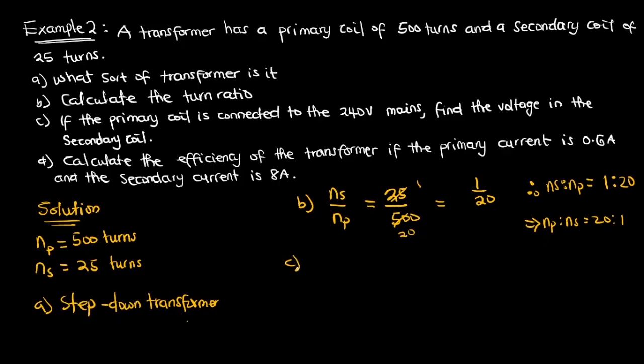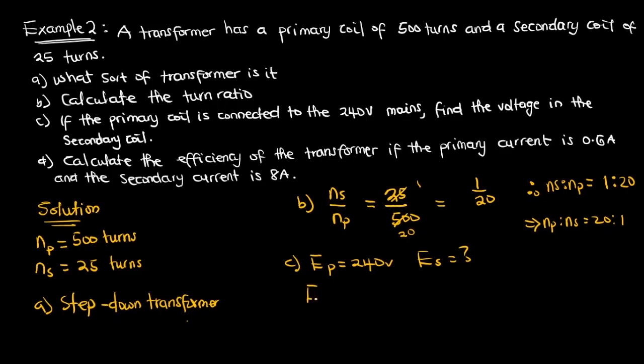Now let's look at the C part. The C is saying if the primary coil is connected to 240 volts, so the voltage passing through the primary coil is 240 volts, we have to find the voltage in the secondary. We have to find the ES. That is what we do not know. Already we have the ratio of NS to NP, so we can use that in conjunction with this, and then we will get our answer.